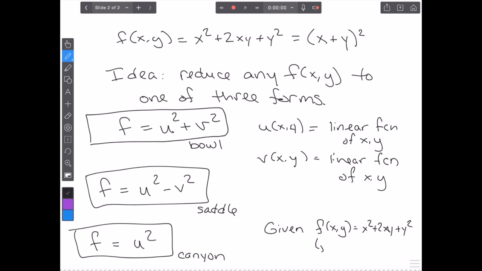This particular one is kind of easy because we could probably eyeball it and see that it's equal to x plus y squared. So in this case, u is equal to x plus y, and v is equal to 0. In a general context, we have to figure out how to factor these functions in some nice way.